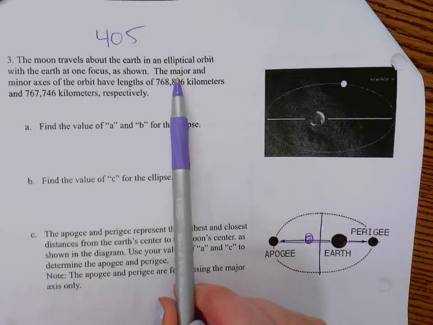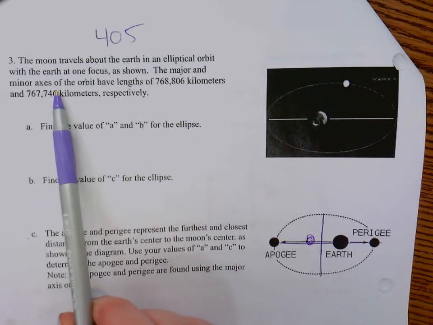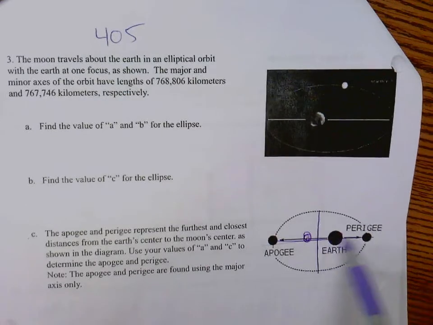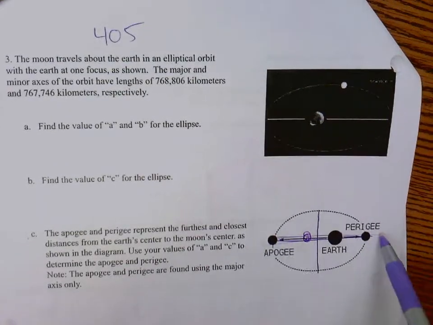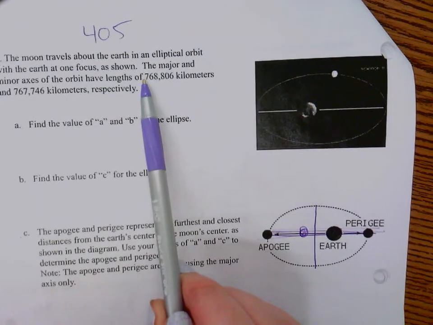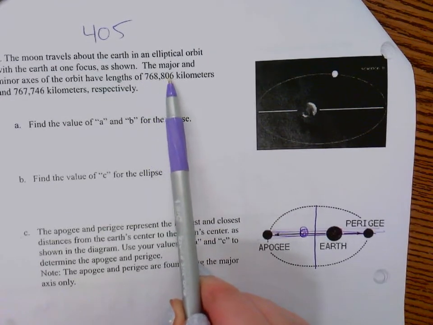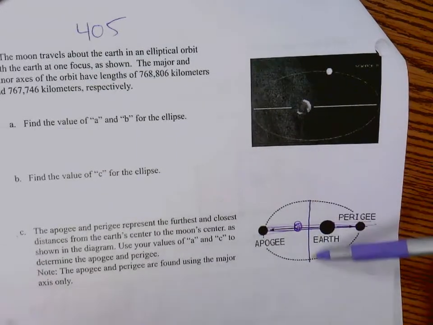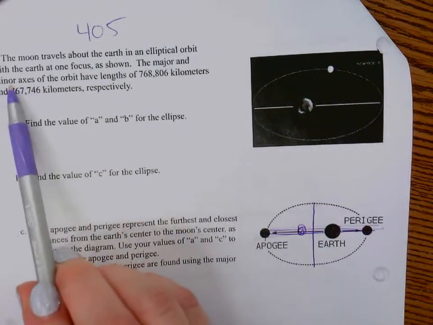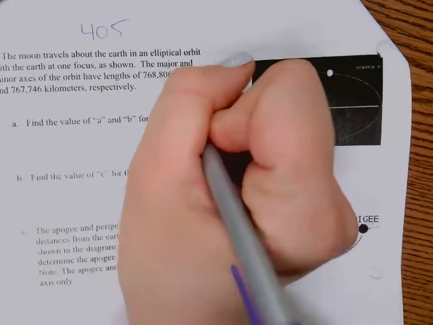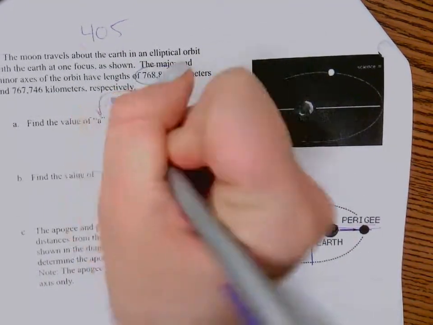The major and minor axis of the orbit have these lengths. So the major axis is going in this direction. Its total length is 768,806. And the minor axis goes this way, and its length is this number. So if I just want to find the value of A and B, I'm going to cut this number in half, right?